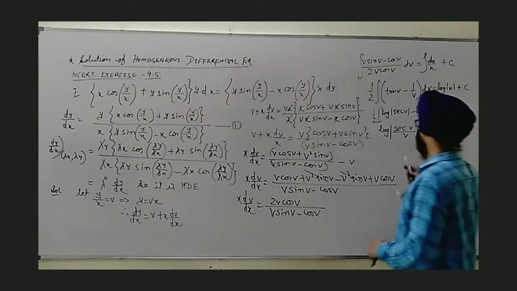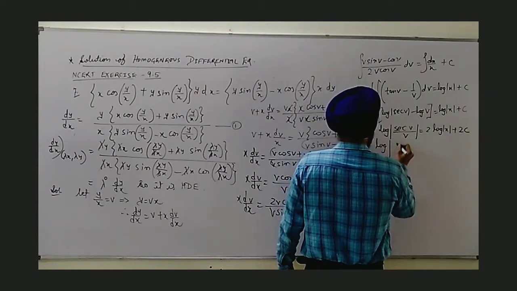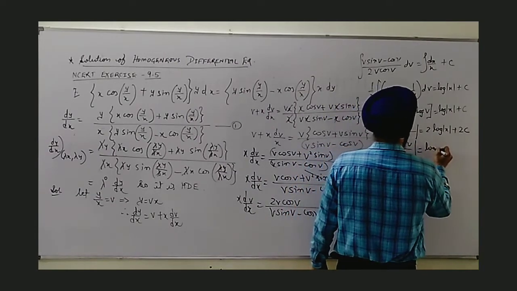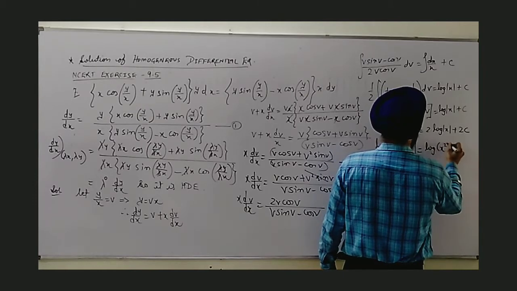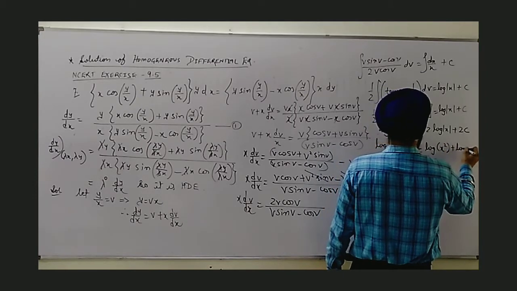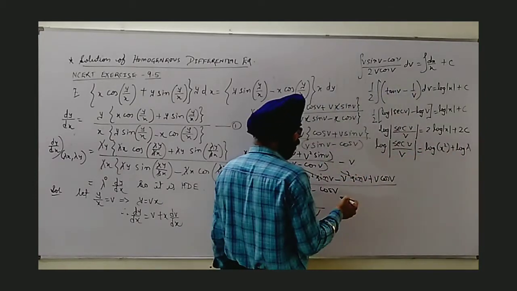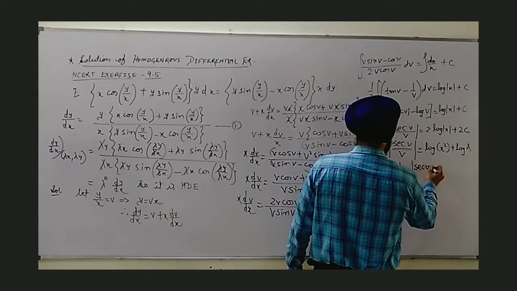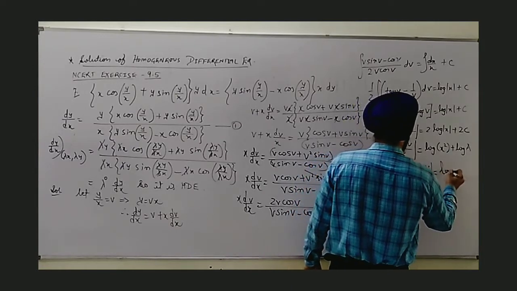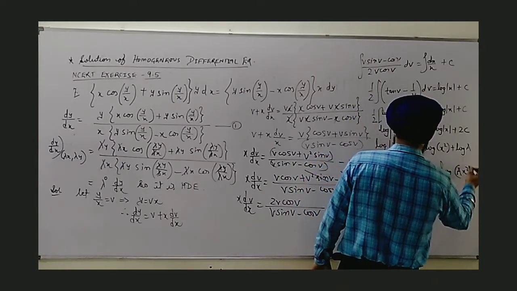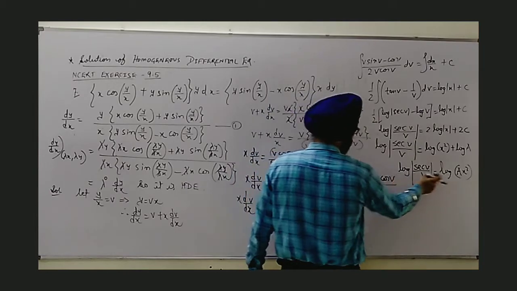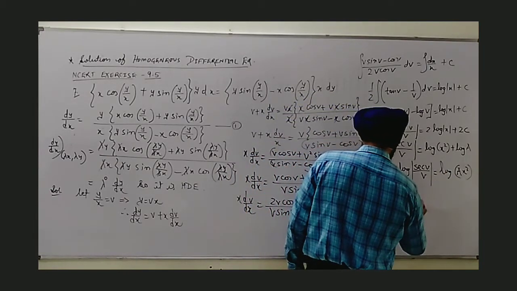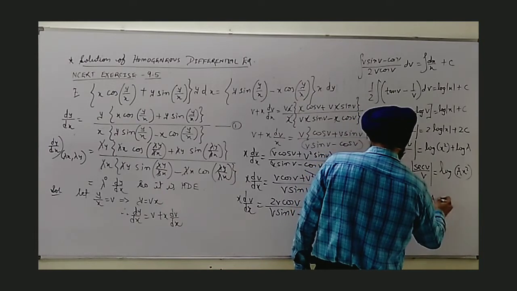So what we can do here, log sec v upon v equal to, this becomes log x square, and here I am writing it as log of a constant again. Now we will club them. We have log of sec v upon v equal to log of ax square. These two log terms are eliminated, and we are left with sec v upon v equal to ax square.